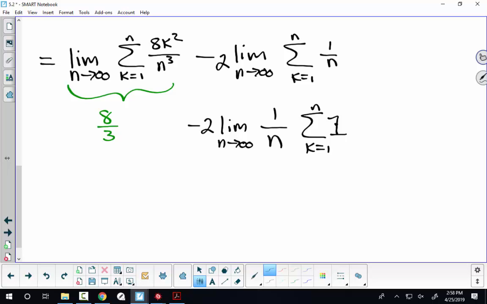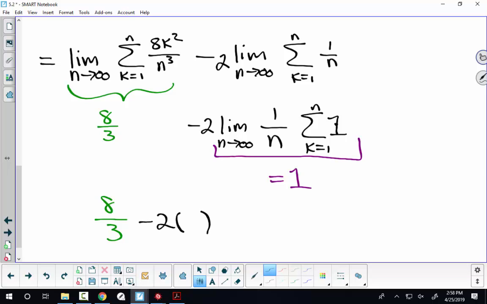The limit of all of this stuff is just the power on n, which is 1. So what we have is our 8/3 minus our 2 times 1. Okay, so we've got 8/3 minus 2, 8/3 minus 6/3. That's 2/3.